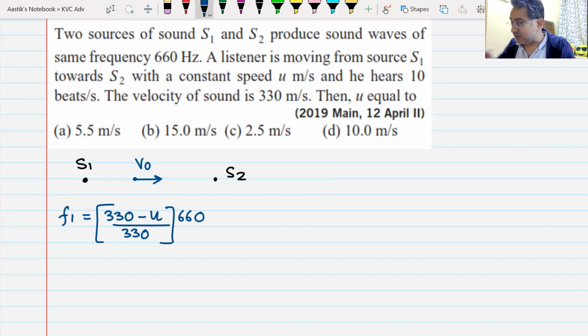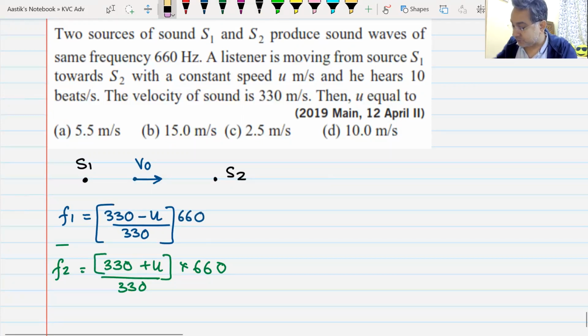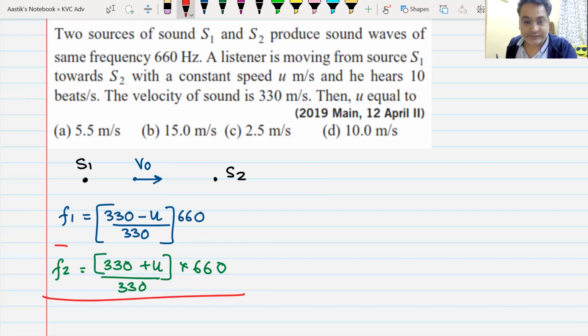So you can see the calculations are so simple. F2 will be 330 plus u divided by 330 into 660. And this F1 minus F2 is given as how much? 10, sir.